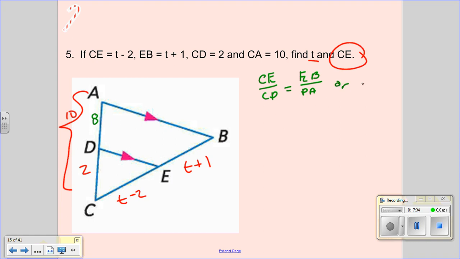Or you could do right over right or left over left. So that's AD over DC is equal to right over right. So BE over CE.